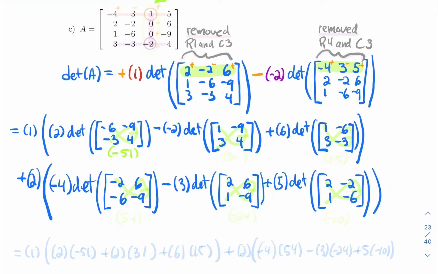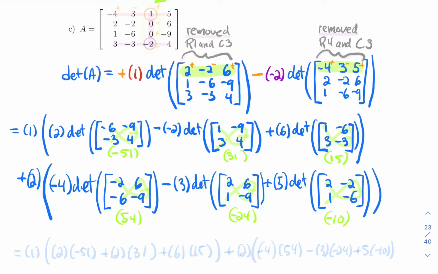The second one is giving you 31. Third one is 15. This one is 54. Minus 24. And minus 10.